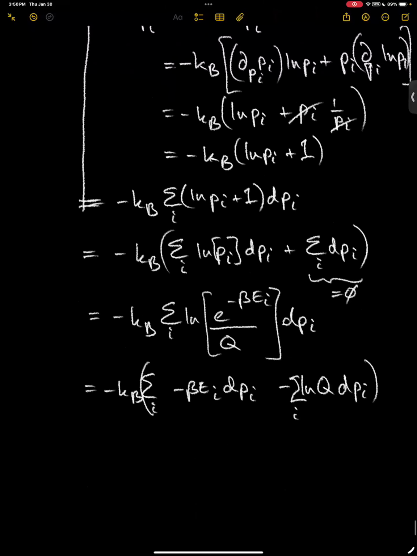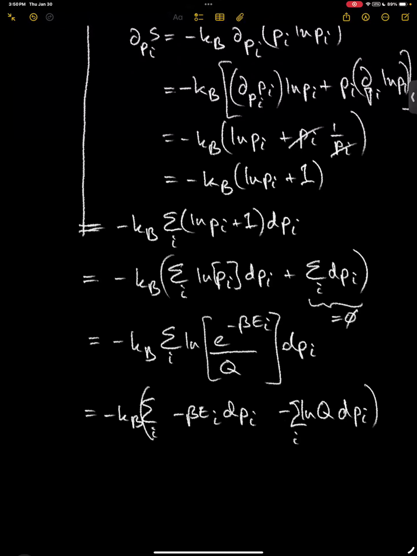Okay. What we see here in the right-hand term is the logarithm q, but that's independent of the state again. So I can pull it in front. So this expression here is logarithm q sum over i dpi, and again, this must be 0.